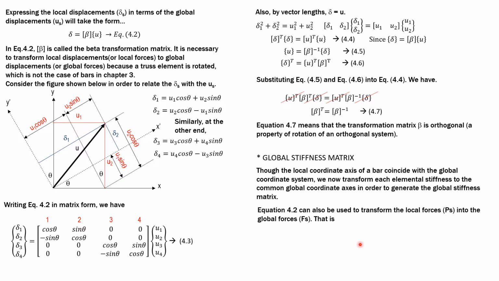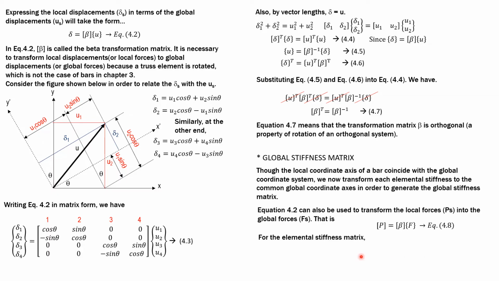Equation 4.2 can also be used in transforming local forces, the P's, into the global forces, denoted by F's. So the local force matrix P is equal to beta times the F matrix.